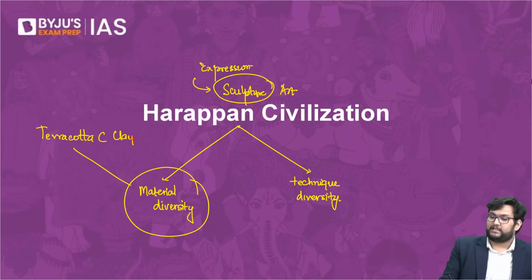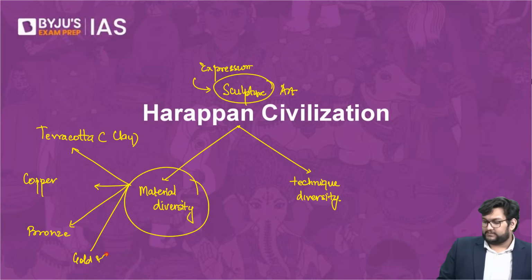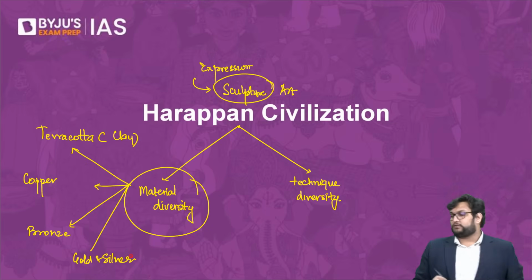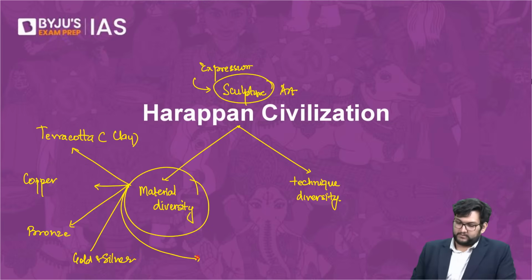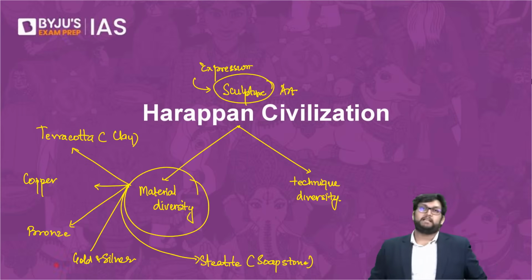Terracotta is basically clay which has been made solid. Thereafter, you have copper. Then we have bronze. We have gold and silver. And we also have steatite, which is basically called soapstone.